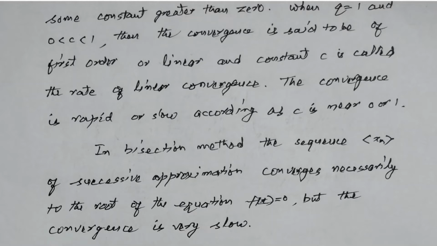In the bisection method, the sequence {xn} of successive approximations converges necessarily to the root of the equation f(x) equal to 0, but the convergence is very slow.